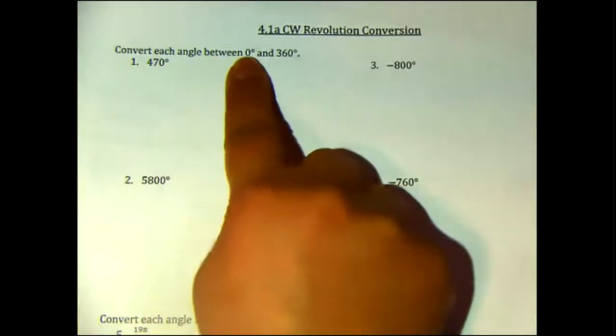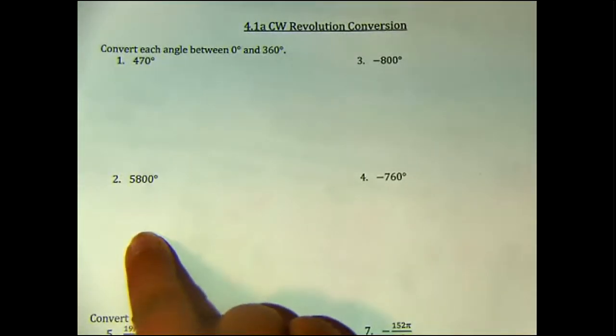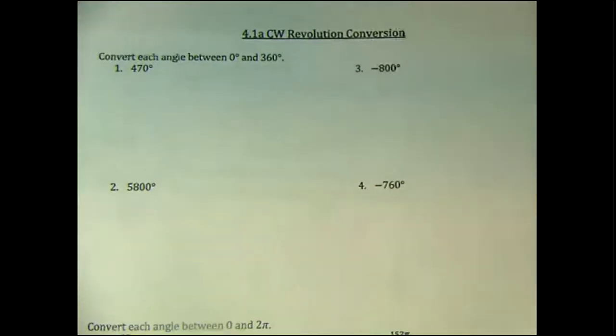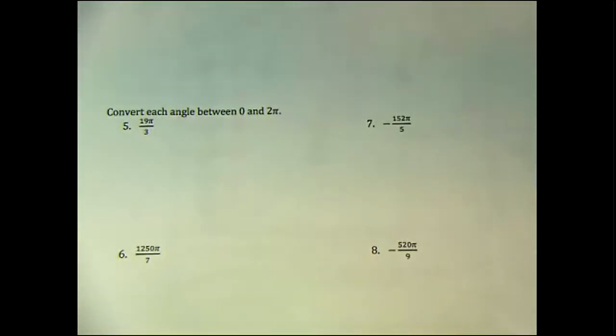So convert each angle between 0 degrees and 360 degrees. Remember that if it's positive, you're subtracting. If it's negative, you're adding, right? Until you get to a positive. And then you have 4 problems with radians. Okay, so you want to convert each angle between 0 and 2 pi.